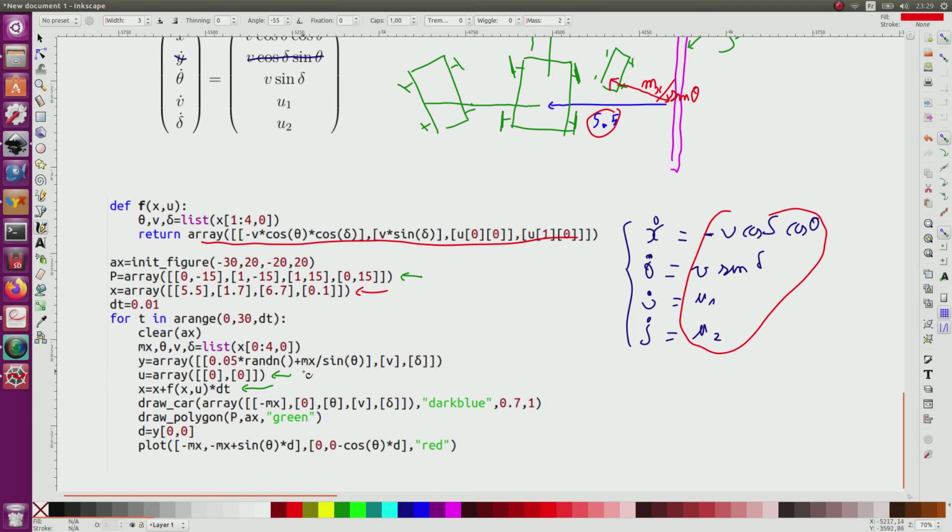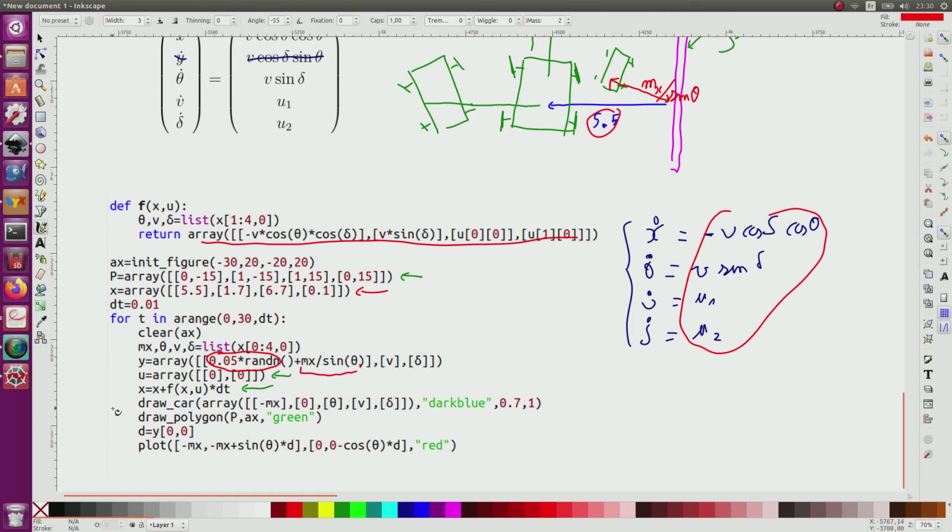This is why here, in the observation equation, I have this. Moreover, I added a small normal noise here to perturb the measurements. So the controller will try to compensate all this.